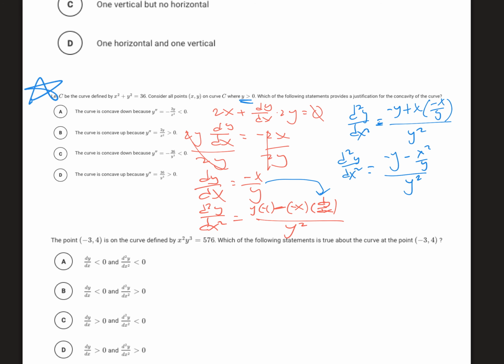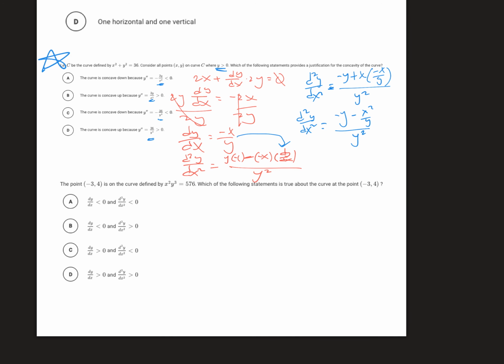But I'm looking at all the answer choices and I'm like, wait, how come theirs are much simpler than mine? So they must have done something else to make their derivative simpler. In this case, they actually did some fancy substitution to simplify one of the variables even more.